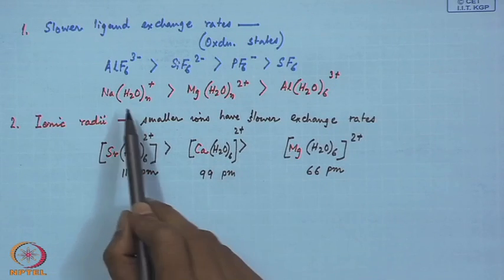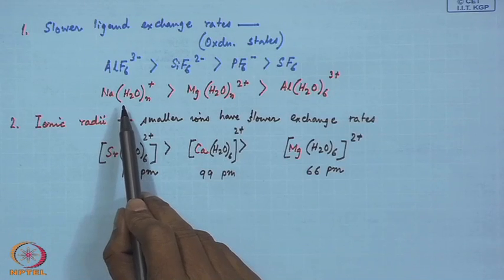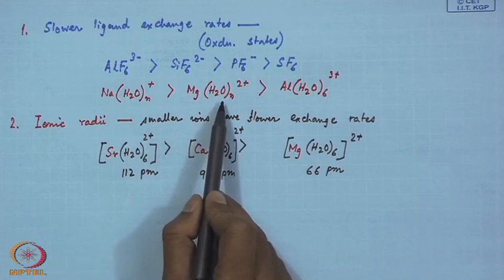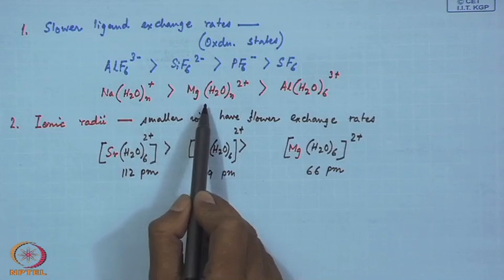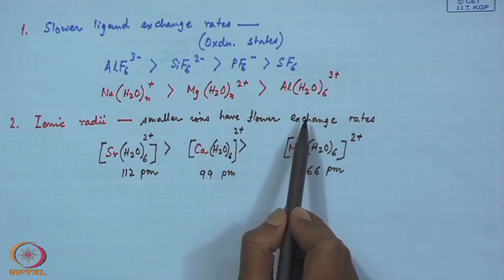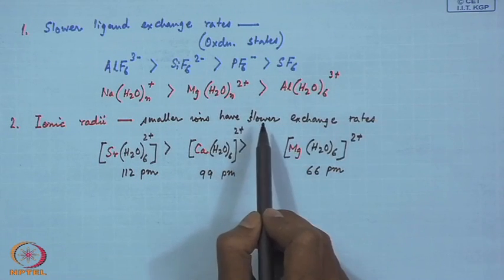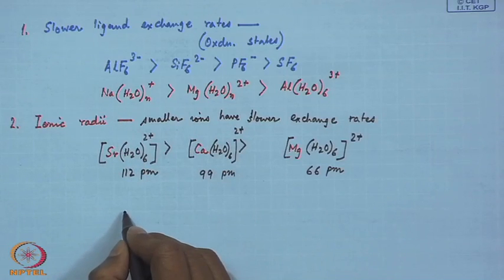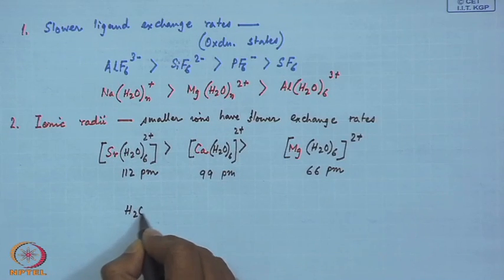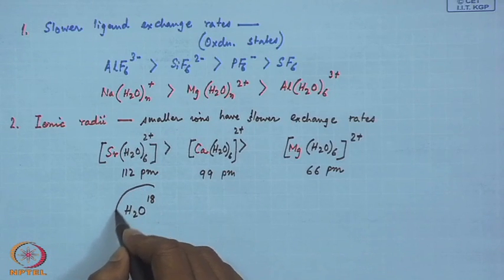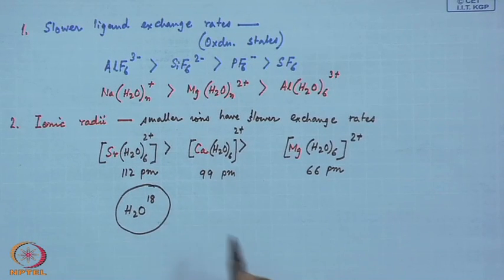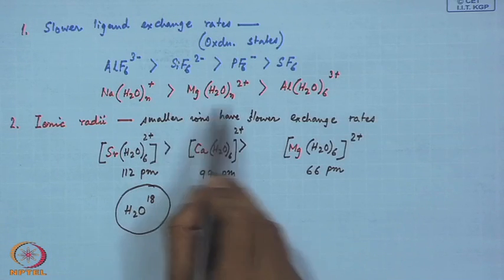If we consider the water exchange rate, we consider the water molecules bound to the metal ion exchanging with the bulk water molecules surrounding the system. Sometimes this H2O can be labeled with O18, and we can do experiments to see how this labeled water exchanges with these metal ions.